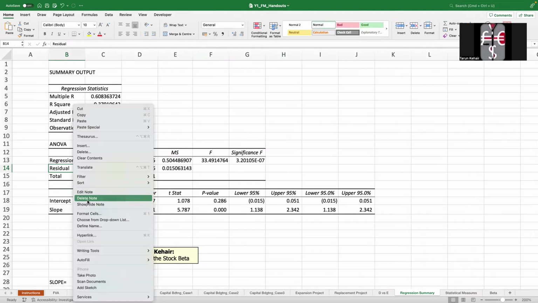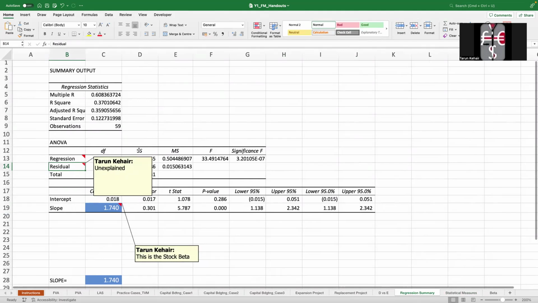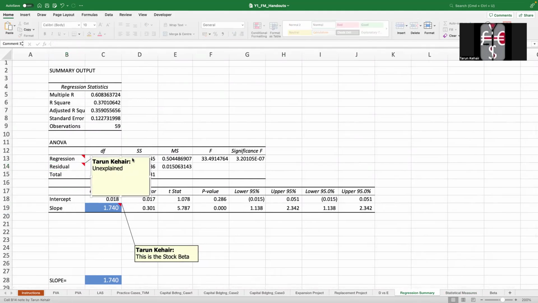So the square of the residual terms, which is mentioned here, is actually a measure of your unsystematic risk.